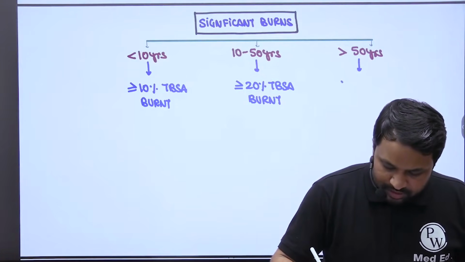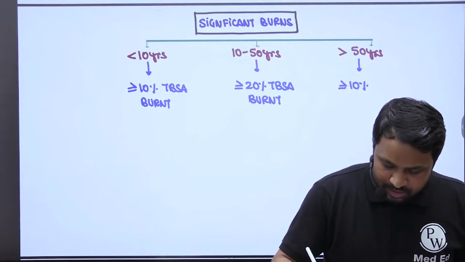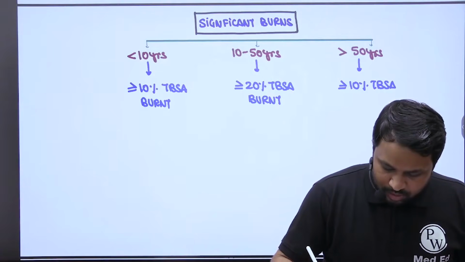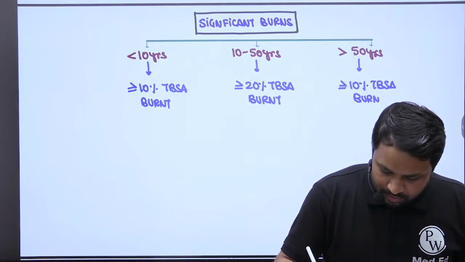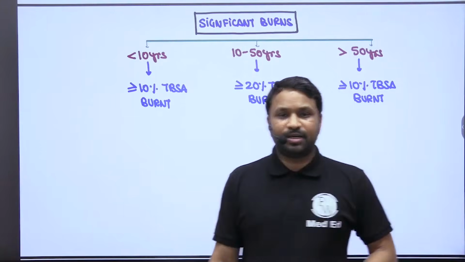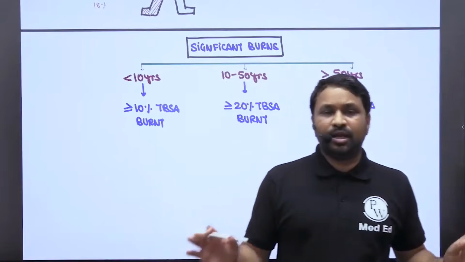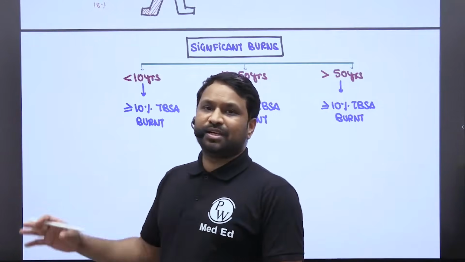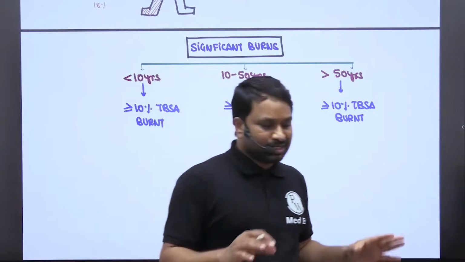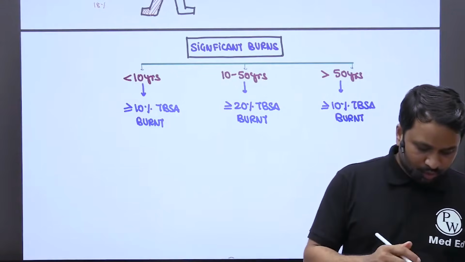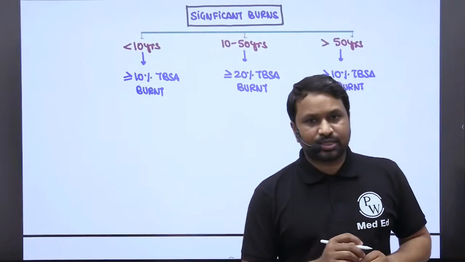More than 50 years, it is more than or equal to 10% of the total body surface area burnt. This will be called a significant burn, right? Remember, every patient of significant burn must be assessed with fluid resuscitation protocol.